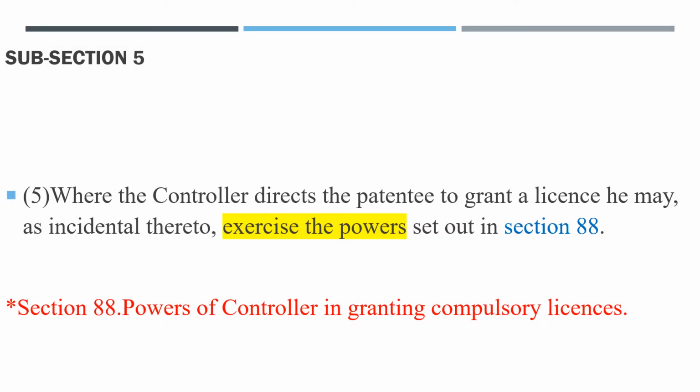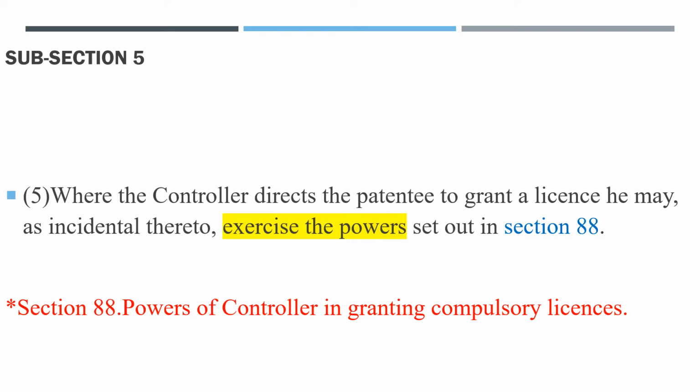Subsection 5. This says, where the controller directs a patentee to grant a license, he may, as incidental thereto, exercise the powers set out in section 88. Here the key phrase is exercise the powers. And as section 88 is mentioned here, the title of section 88 is powers of controller in granting compulsory licenses.